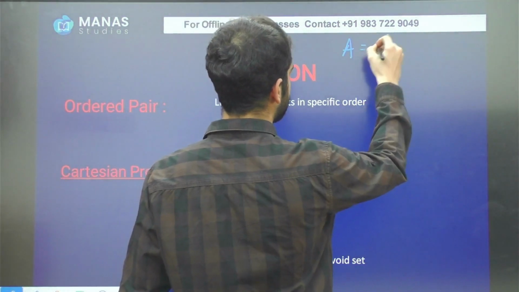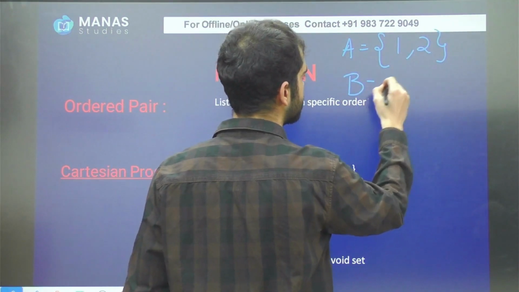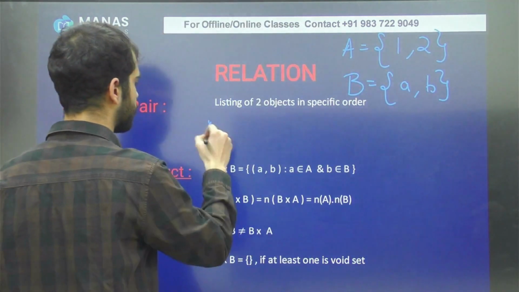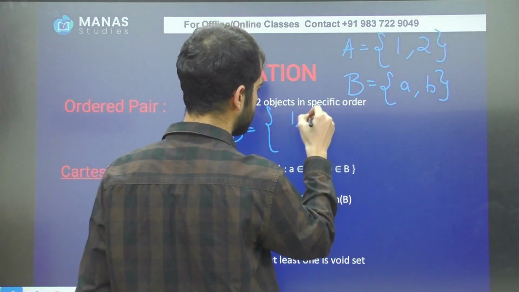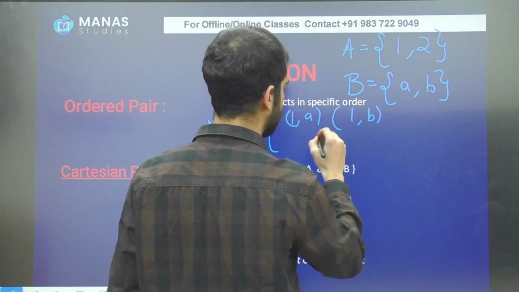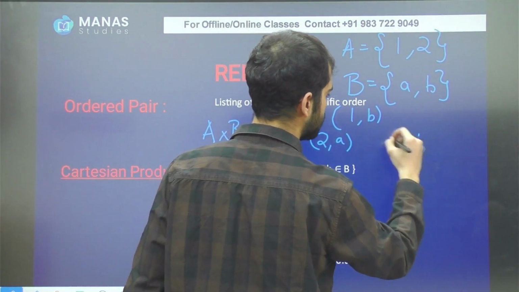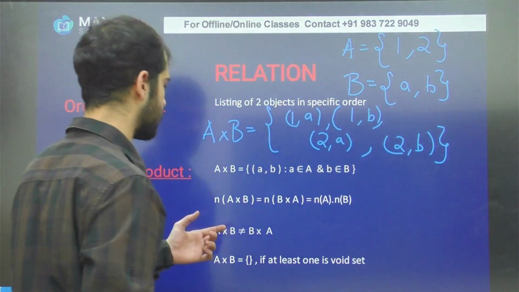Let's say the set A comprises 1, 2 and set B comprises two elements a, b. Then the Cartesian product of A and B will be written as 1 with a, 1 with b, 2 with a, 2 with b. These will be the four elements of the Cartesian product A cross B.